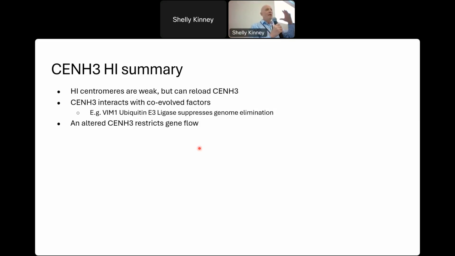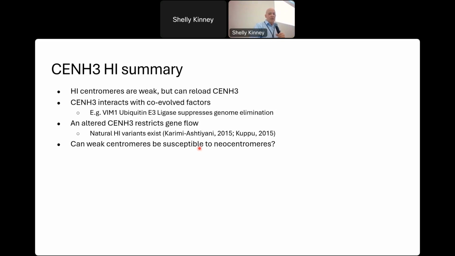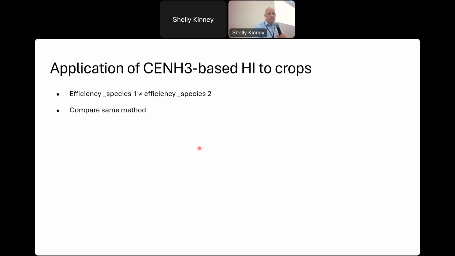If a plant in the wild makes an altered SNH3 through an amino acid change, once it makes that mutation homozygous, it becomes less capable of crossing with the wild type. So it's a speciation. We think it's a speciation gene, and natural variants do in fact exist. This takes too much time, so I won't go through it.